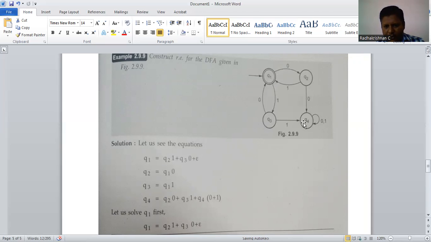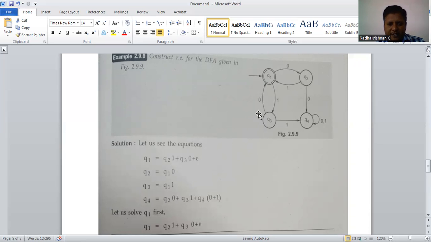Q4 has 4 incoming edges: Q3 1 plus Q2 0 plus Q4 0 plus 1. These are our state equations for the automata.